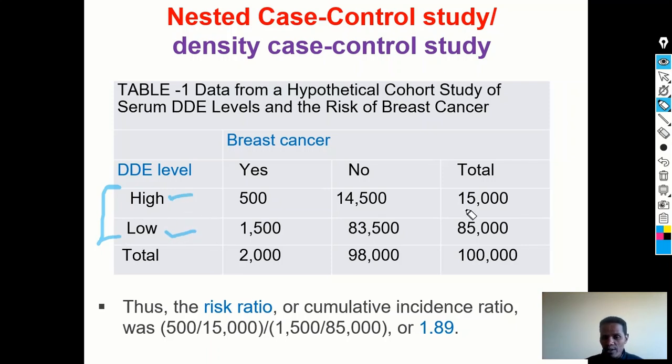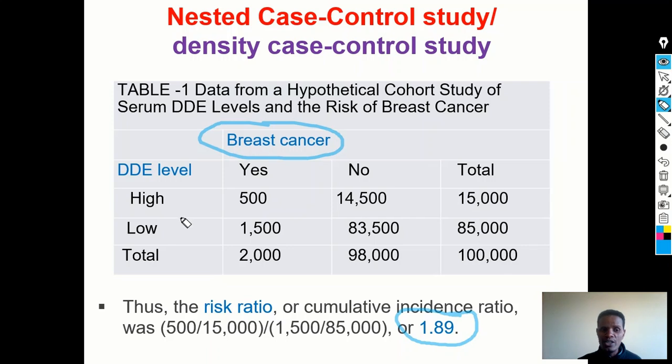The high group is around 15,000 and the low DDE group is 85,000. So the relative risk, since it is a cohort study design, was found to be 1.89. That means female teachers with high DDE level are 1.89 times more likely to develop breast cancer than female teachers with low DDE level.